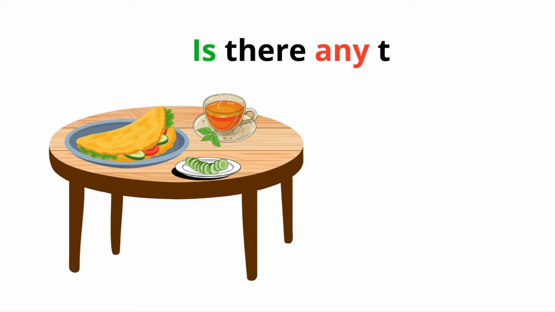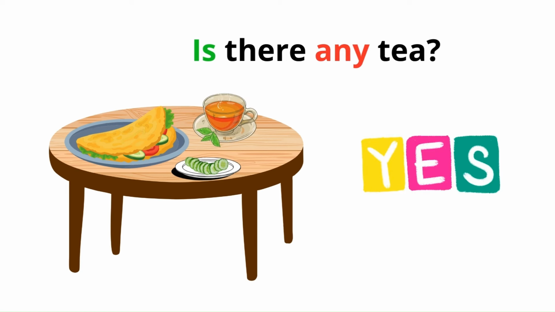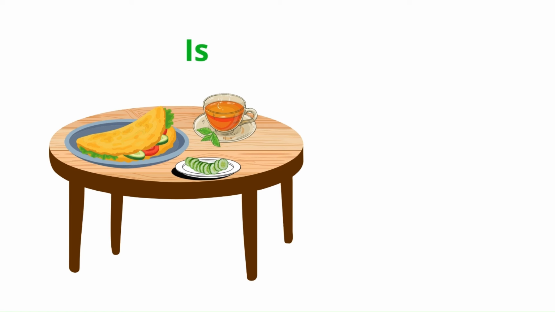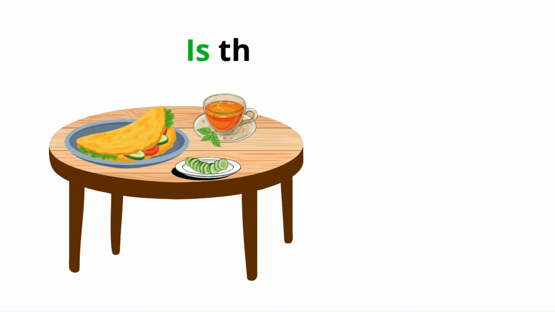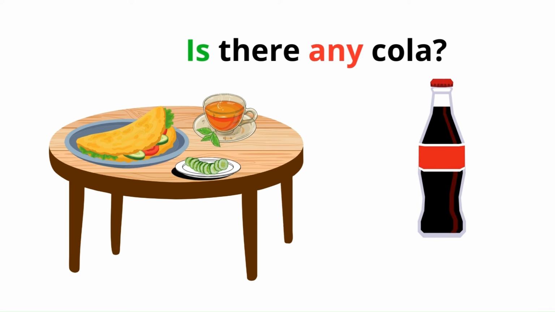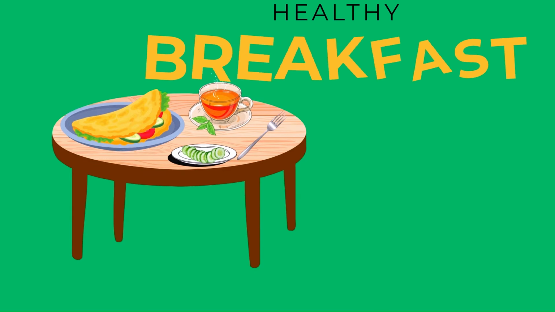Is there any tea on the table? Yes, it's healthy. Is there a burger on the table? No, it's unhealthy. Is there any cola on the table? No, it's unhealthy. Healthy breakfasts?